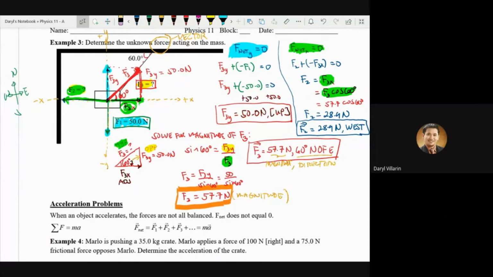So any questions with this one here? So again, the key thing is knowing the free body diagram. It becomes easier if you have set up your free body diagram correctly.